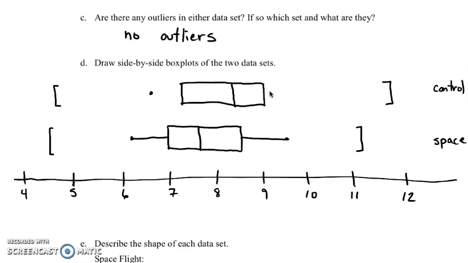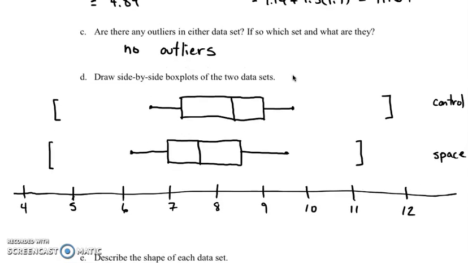And our maximum data value is 9.94, which is about here. So there's what our 2 box plots look like. And we'll discuss the shape of these data sets in the last very short video.